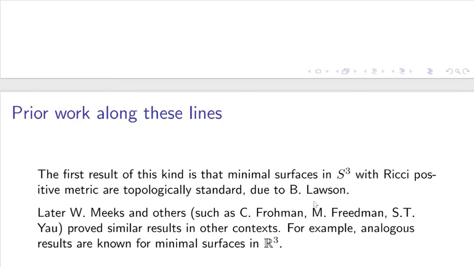And later on, Bill Meeks and others, including Freedman and Hass, particularly prominent for minimal surfaces in R3, proved unknottedness results for minimal surfaces in other contexts. In other words, not just in S3, but let's say in the 3-torus or whatever.